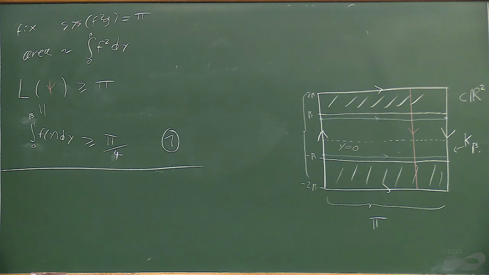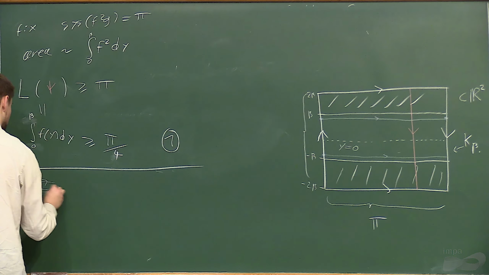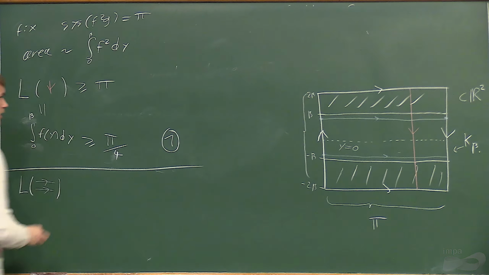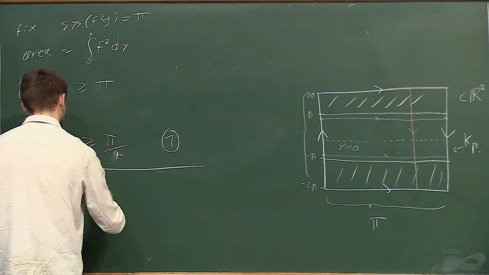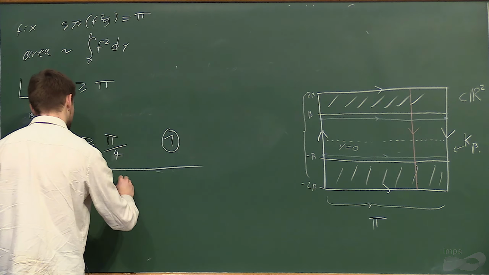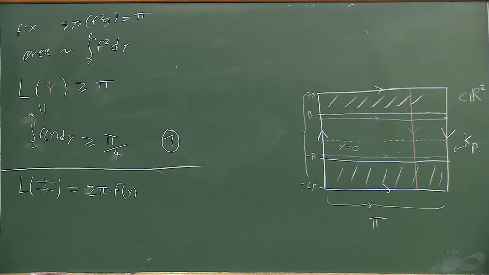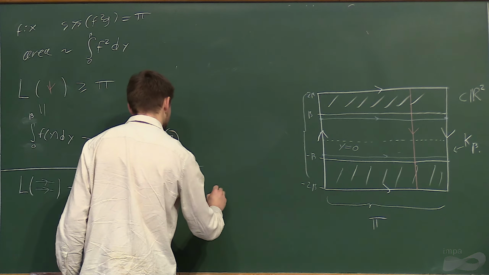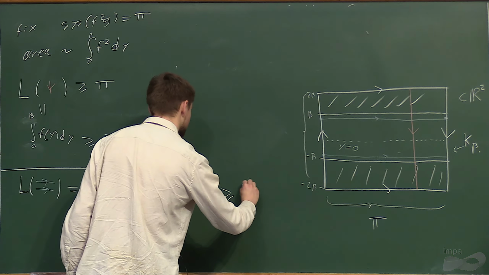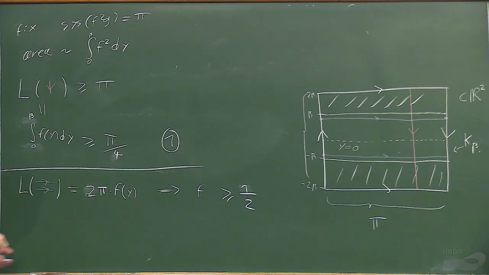And if we calculate the length of it, if we start at some level y, it is precisely equal to 2 pi times the value of f at this level. And so this needs to be bigger than pi, so we get the second constraint that the function f always needs to be at least 1/2.